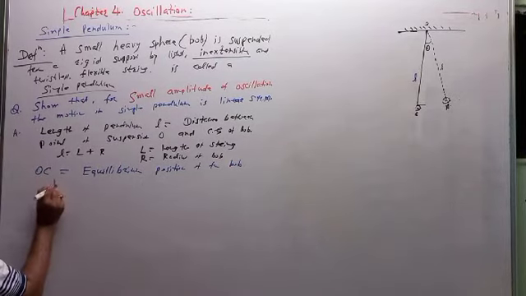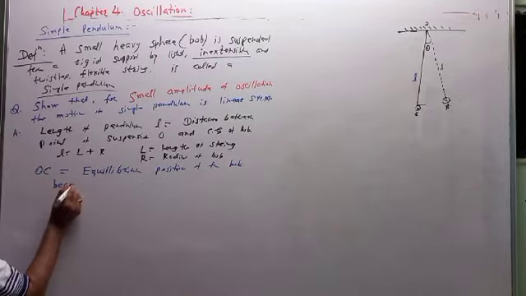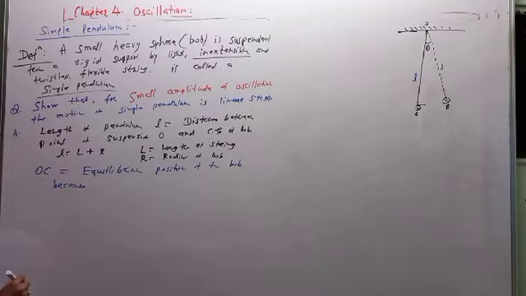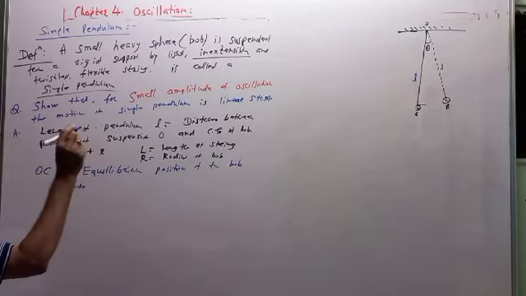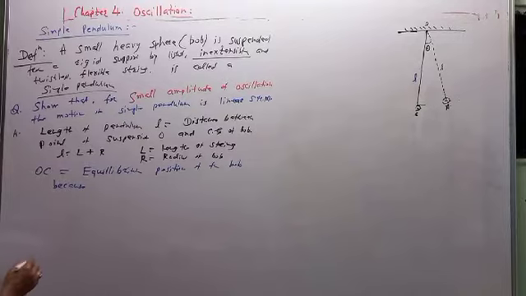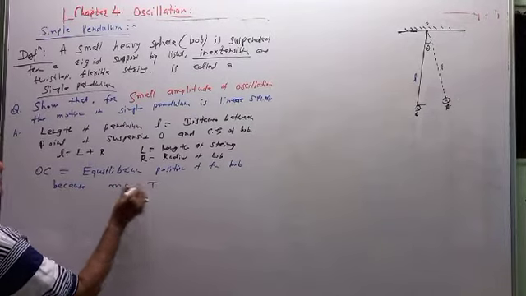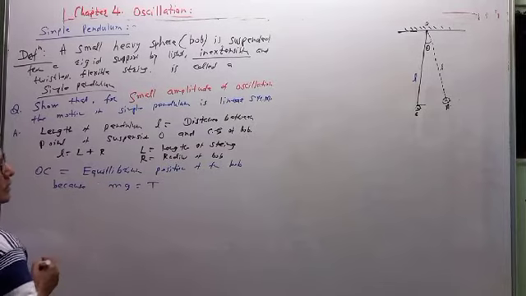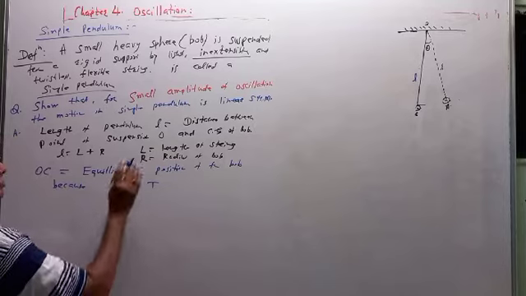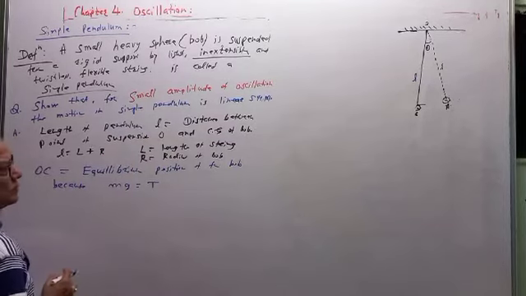Why? Because in equilibrium position, the different forces acting on the bob are like this. mg is balanced by T, where T is the tension in the string. So the two forces acting on it balance each other.